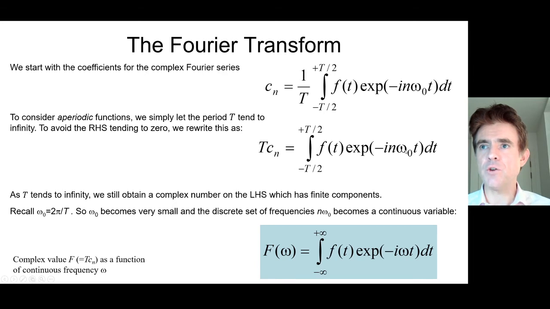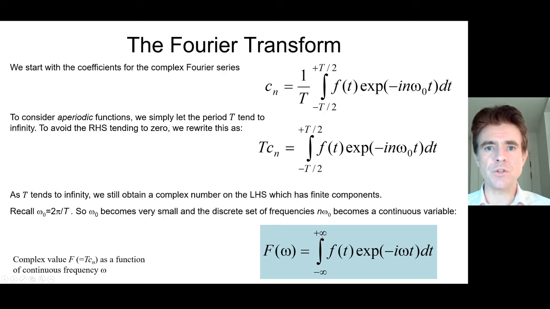And now that n omega 0 is being replaced by a continuous variable omega in this expression for the Fourier transform. So the dt stays the same, the f of t stays the same, the period has tended to infinity, so the minus T over 2 to plus T over 2 has now become minus infinity to plus infinity.